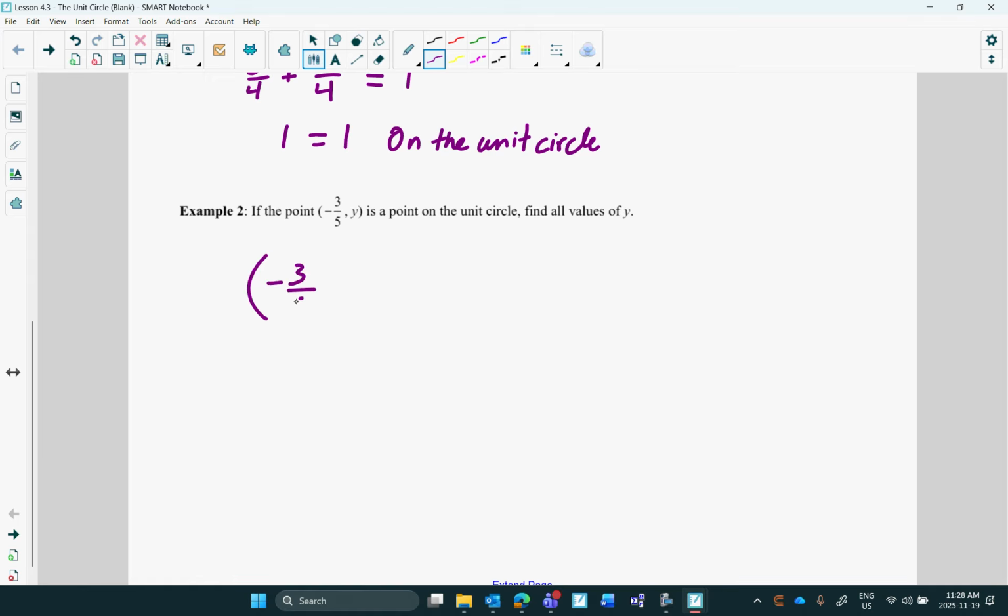Negative 3 over 5, once again in parentheses squared, plus y squared has to equal 1 because it's on the unit circle. So now it's a quadratic equation because we're solving for y squared. We don't have to factor this one.